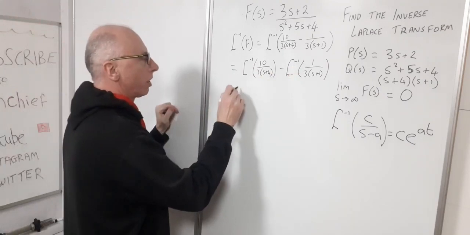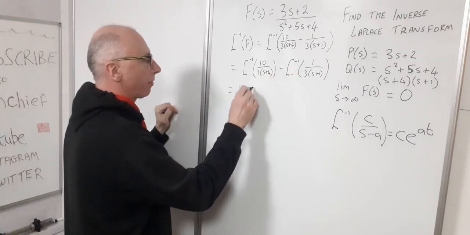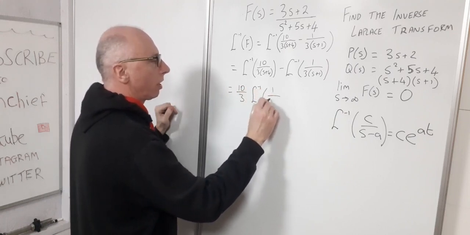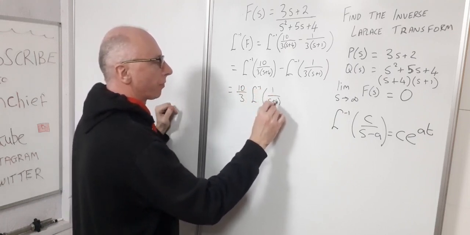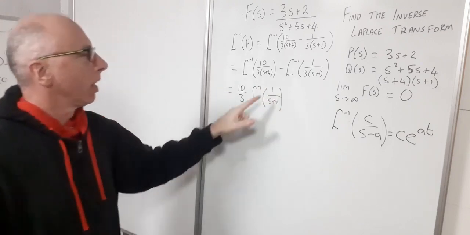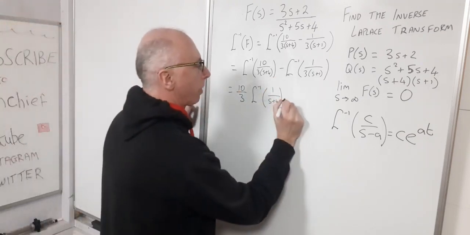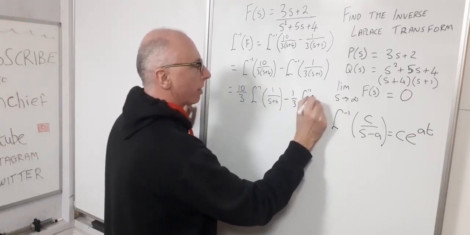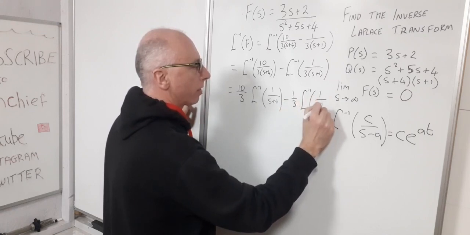So then we've got 10 over 3, inverse Laplace now of 1 over s plus 4. We don't need the bracket inside anymore, do we? So let's just write it like that. And then the same for this one. So now we've got minus 1/3 inverse Laplace of 1 over s plus 1.